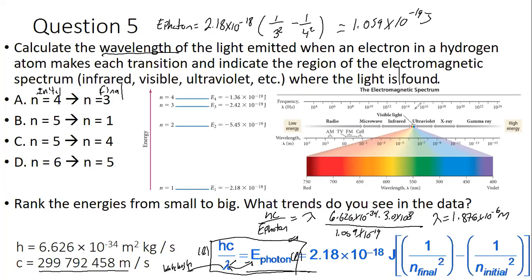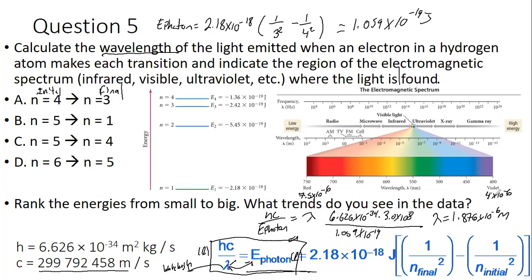The last thing I'm asking you is, where is this found? So we look at our electromagnetic spectrum. And here, visible light is 4 times 10 to the minus 6 to 7.5 times 10 to the minus 6.